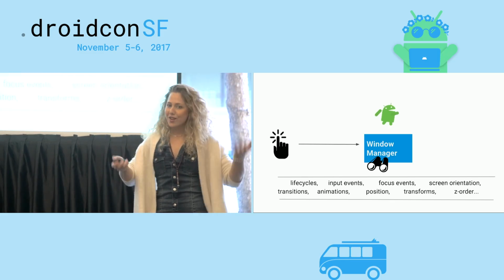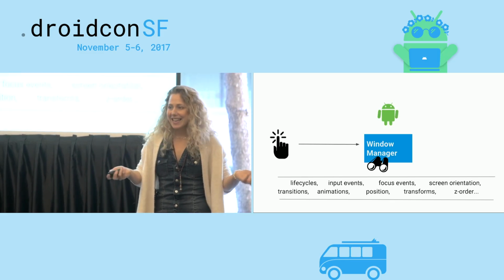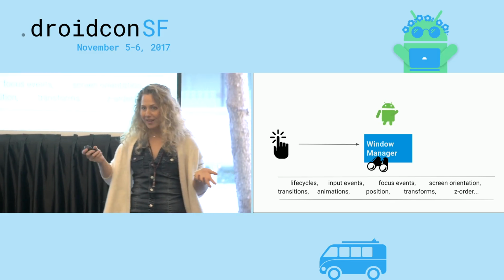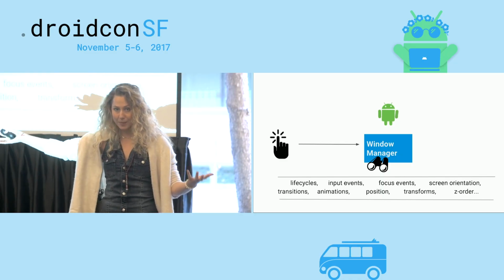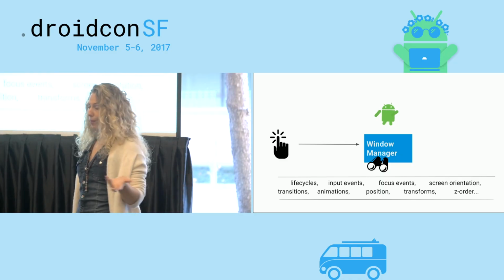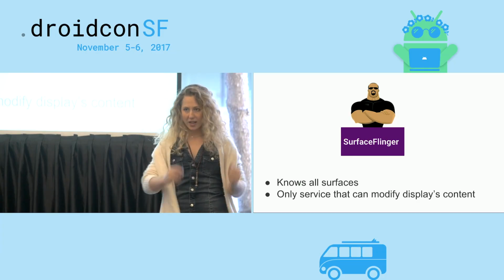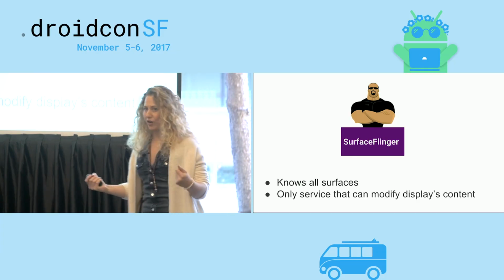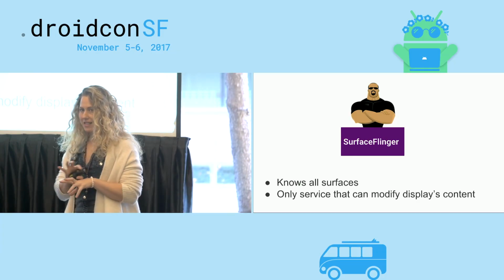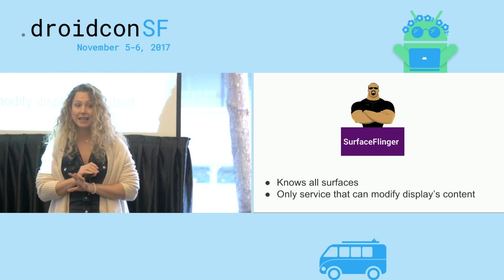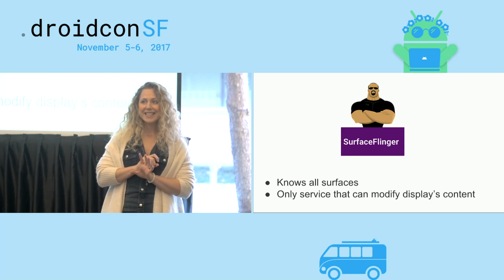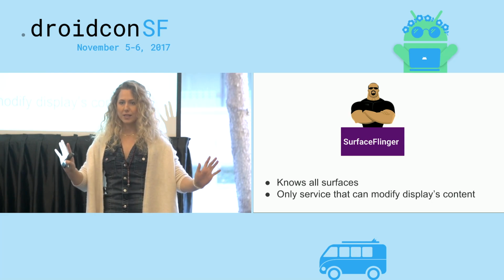And then he needs to find somehow a surface, a place on the display, for the app. So what he's going to do is going to go to a guy called Surface Flinger. So Surface Flinger is, once again, a system service, and it's like the big brother of the display.